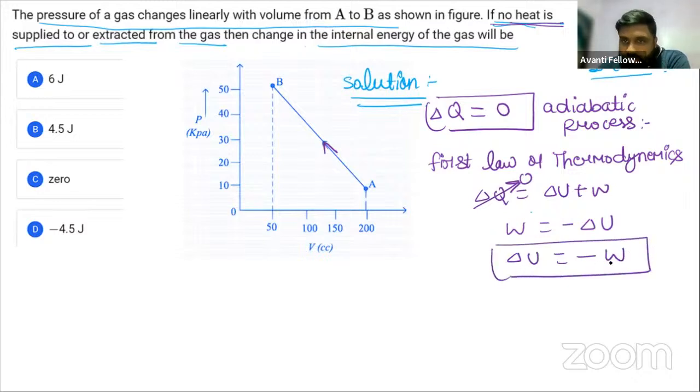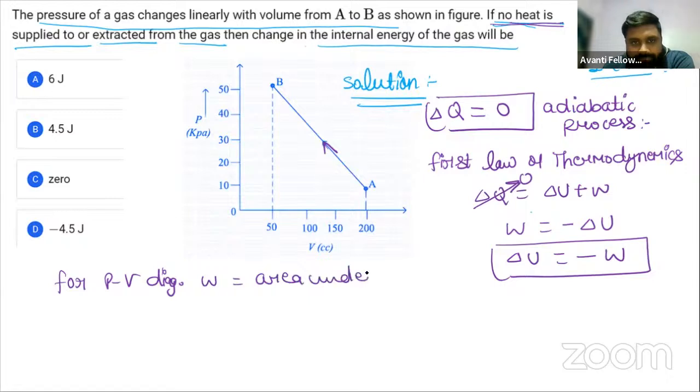We also know that this diagram is a PV diagram. For a PV diagram, work done is the area under the PV diagram. This PV diagram is also called an indicator diagram.